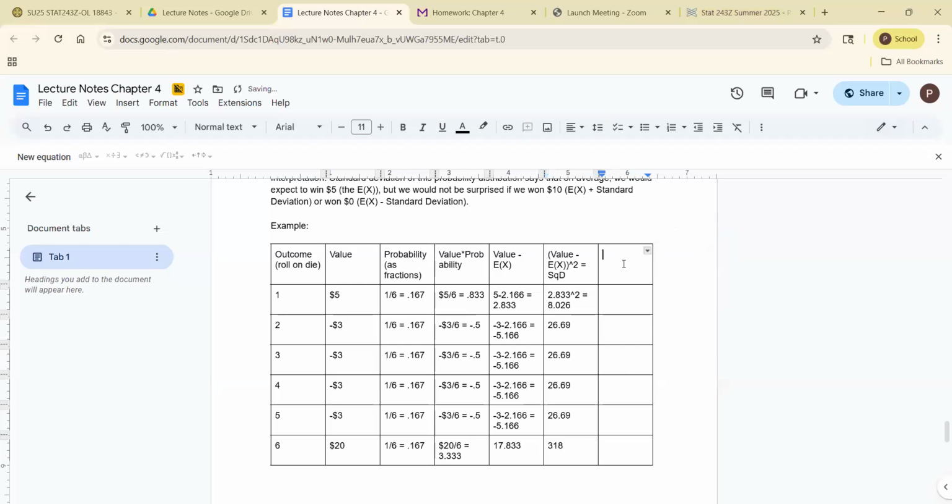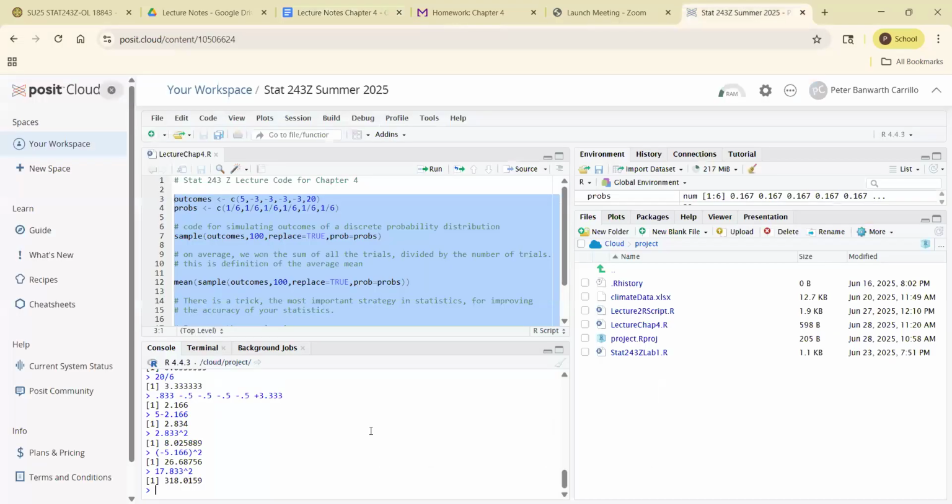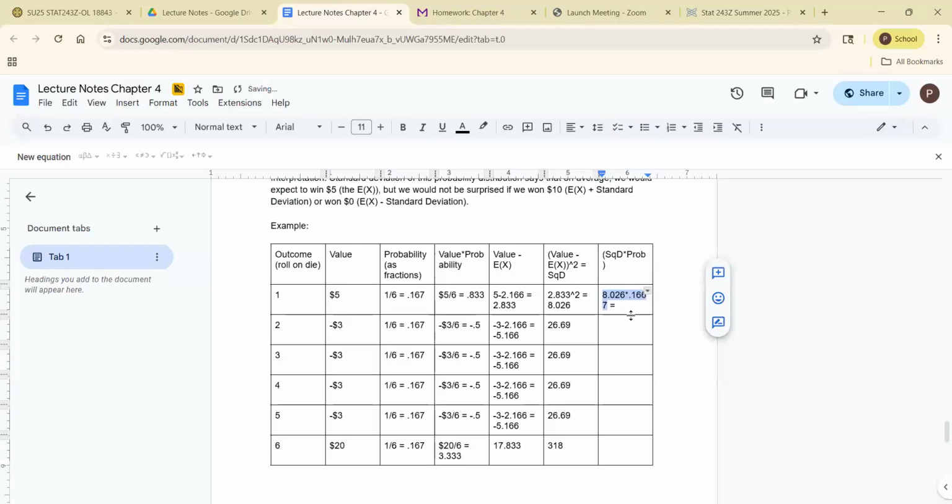Okay. And the last step before we add it all up is to multiply each of those squared differences by their probabilities. So 8.026 times 0.1667 equals 1.34, about.